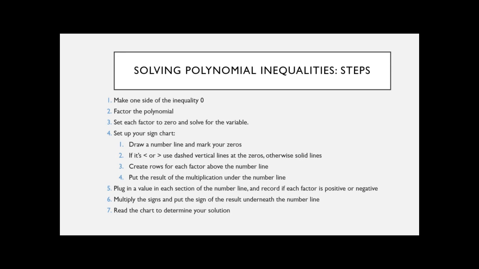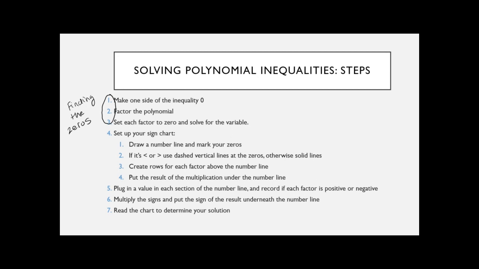And you still find the zeros, so you're setting each factor to 0, and then you solve for the variable. So these first 3 steps are just finding the zeros, which we've done before. If it's a quadratic, you can use the quadratic formula if you want. If it's larger, you may have to do some synthetic division, but you're still finding the zeros of the polynomial for the first 3 steps. It's what you do after that where things get different, and that's where you set up what's called a sign chart.